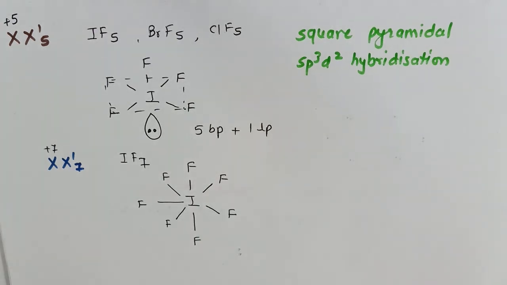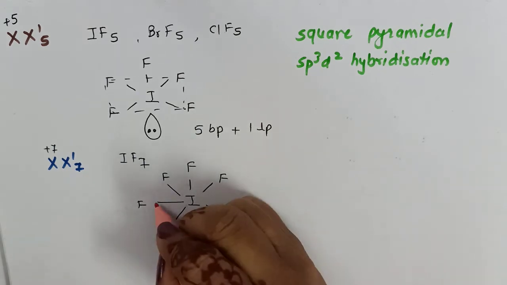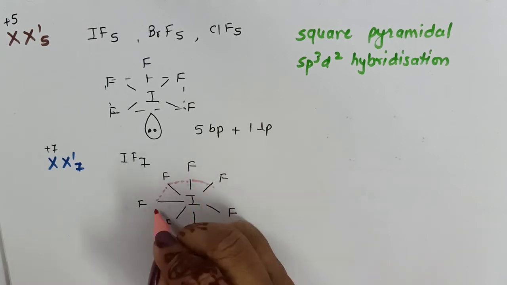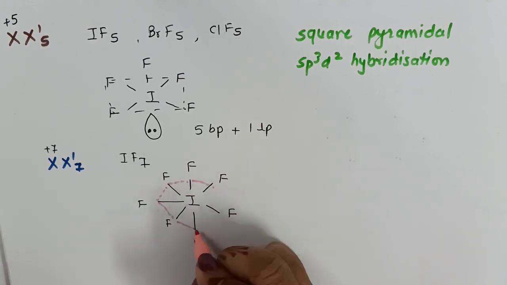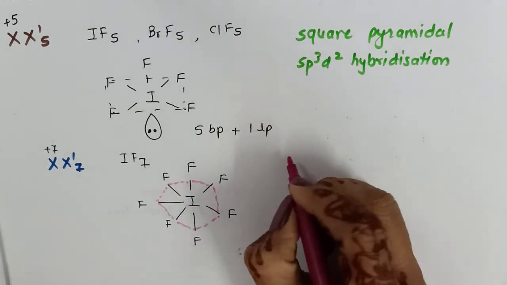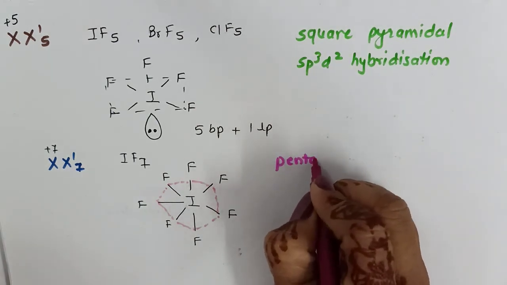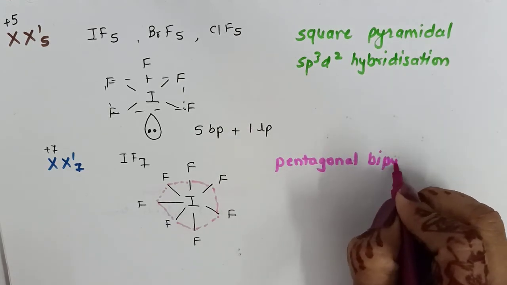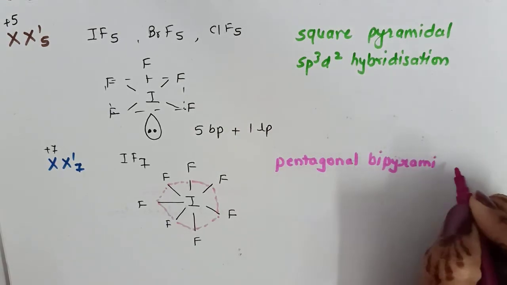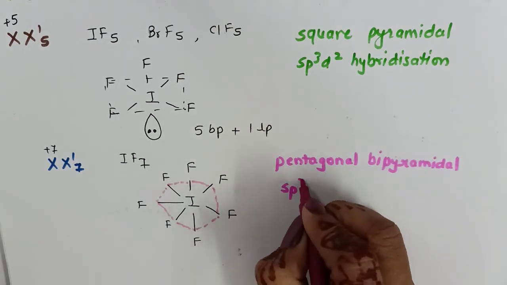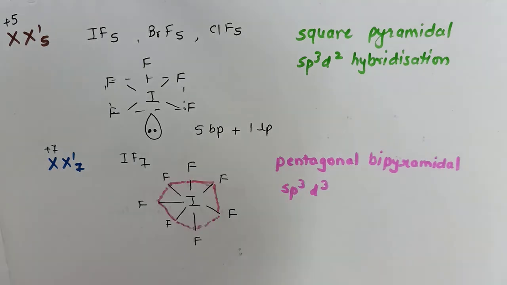So as we can see in the structure here, iodine is surrounded by 7 fluorine atoms, and if we draw the structure, it will be pentagonal bipyramidal, with the central atom undergoing sp3d3 hybridization.